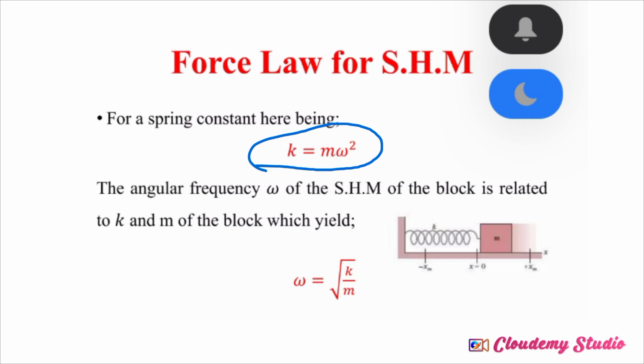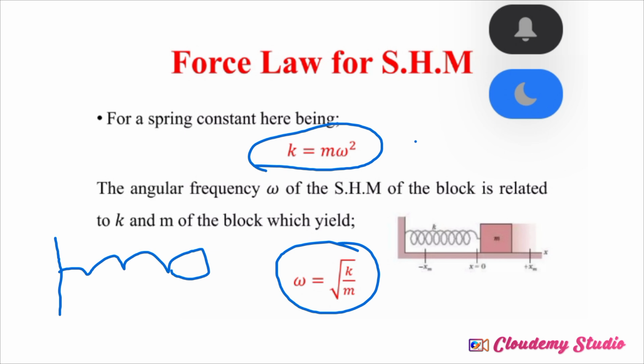So basically what this means is that omega is equal to root of k over m. If we have something like this, we have a spring being tied, this is the force rising to drag, F is equal to what?